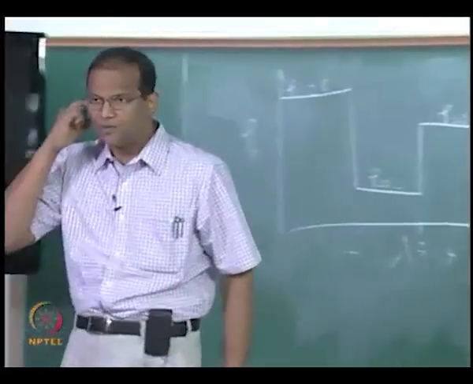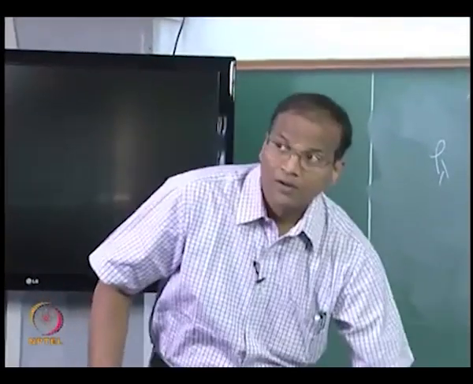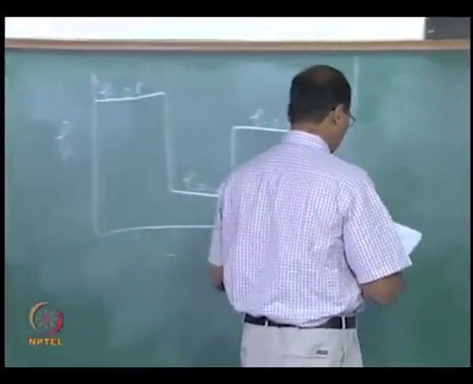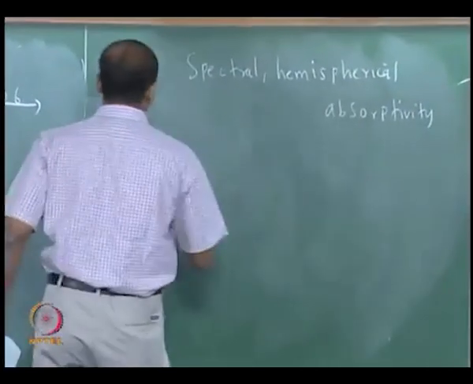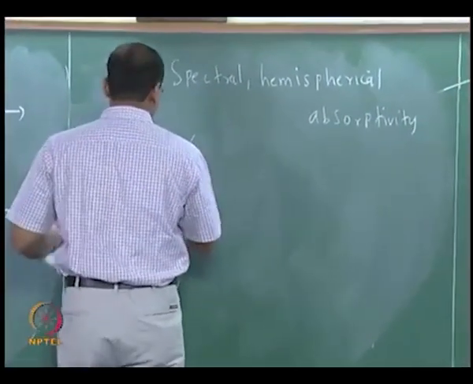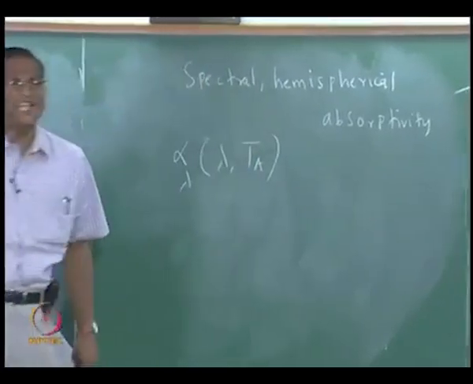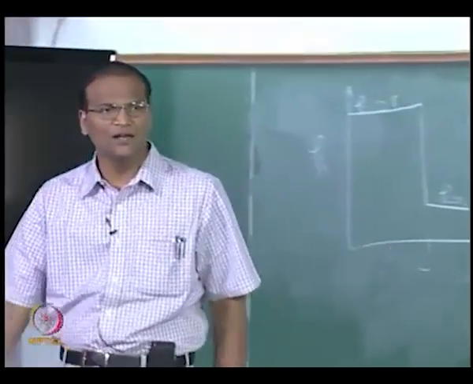Now, spectral hemispherical absorptivity. What is the definition? Alpha lambda is there. What is the TA? I keep writing this TA. Temperature of the absorbing surface.